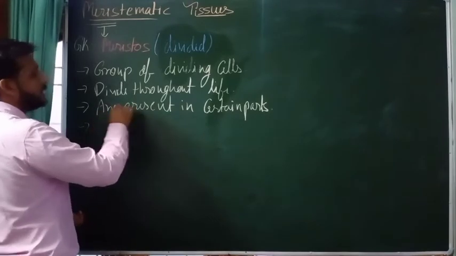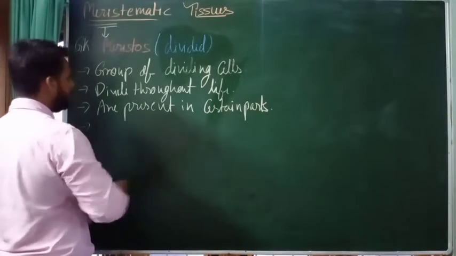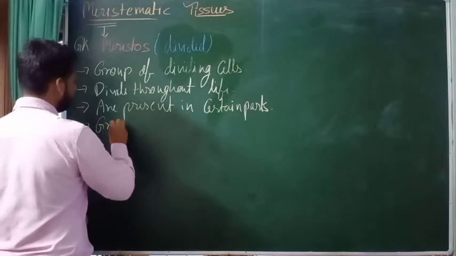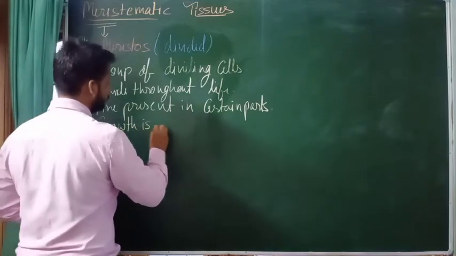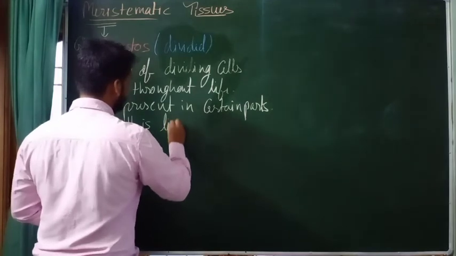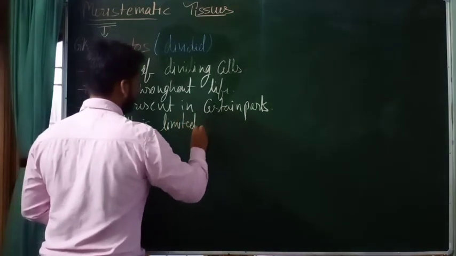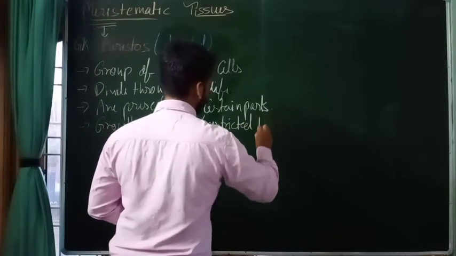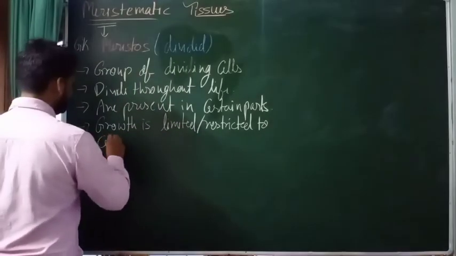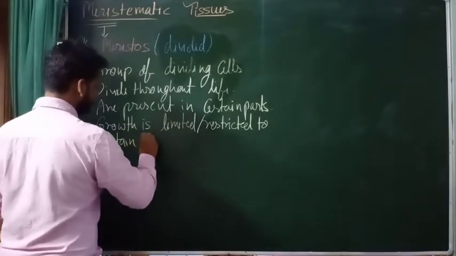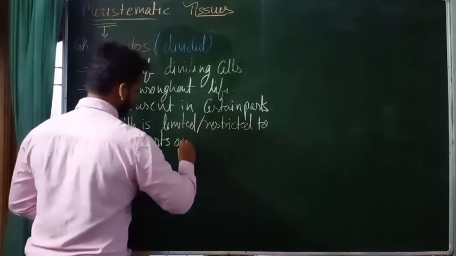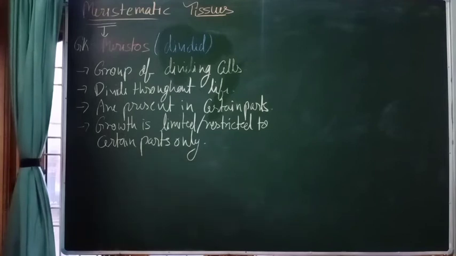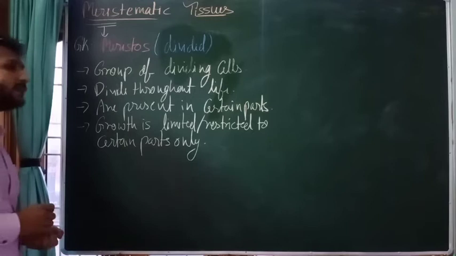Therefore, these tissues are present in certain parts only, so the growth is limited, or you can say restricted, to certain parts only, right? And the part where growth takes place is known as meristems.